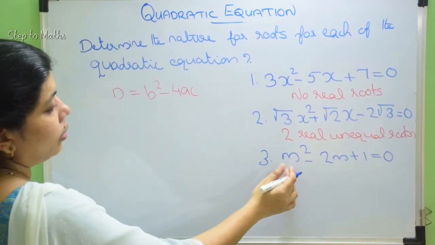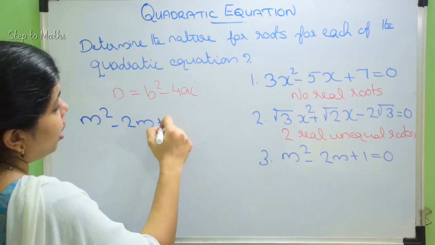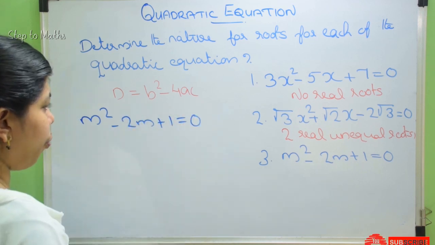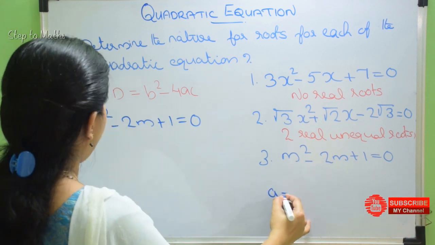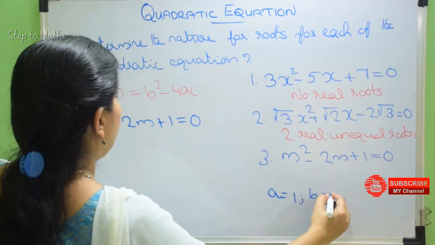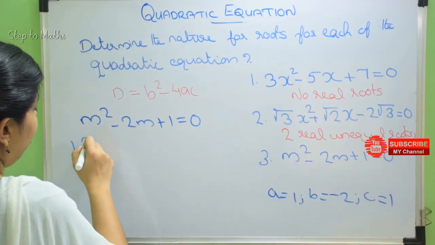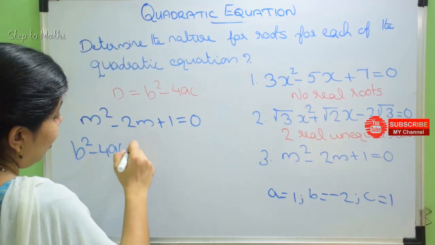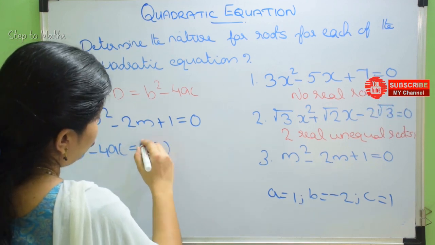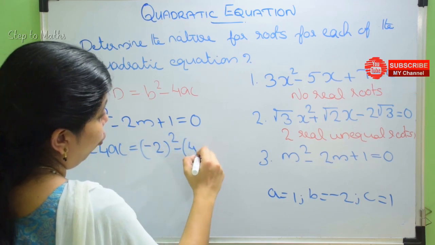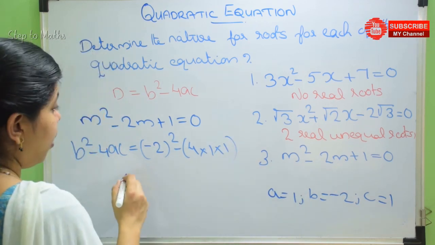Consider the third equation: m square minus 2m plus 1 equal to 0. Write down the coefficients: a equal to 1, b equal to minus 2 and c equal to 1. Value of b square minus 4ac equal to minus 2 square minus 4 into 1 into 1.